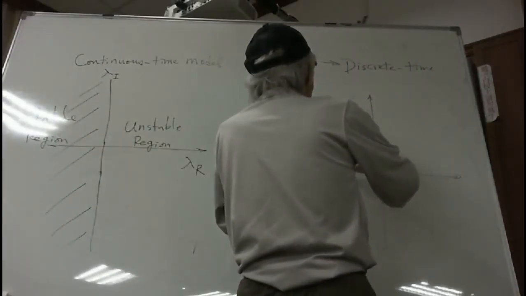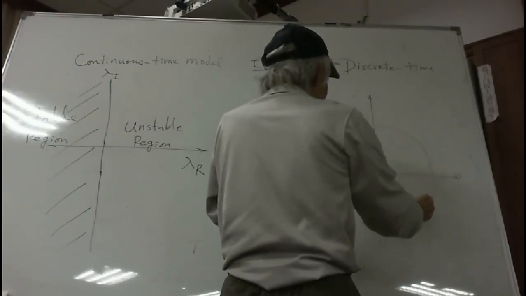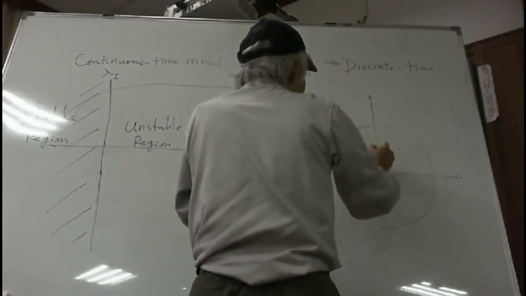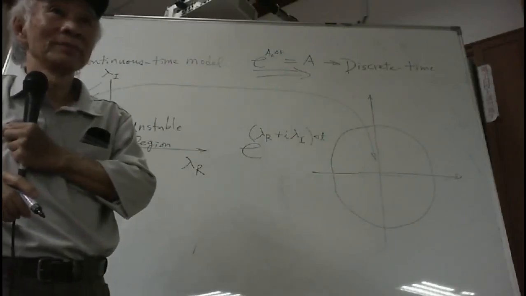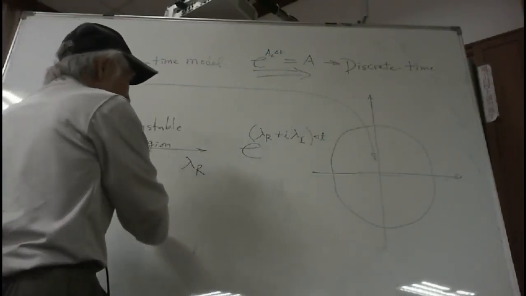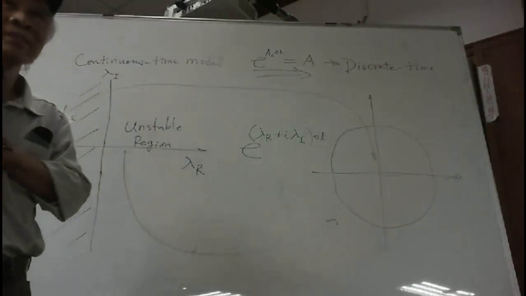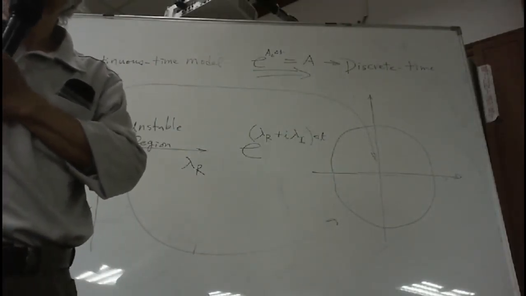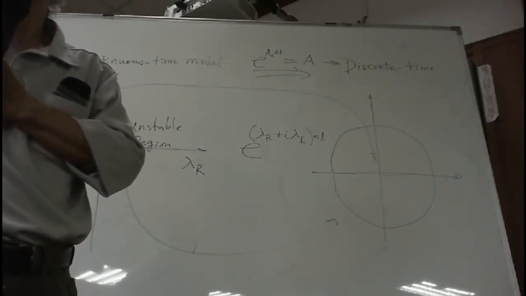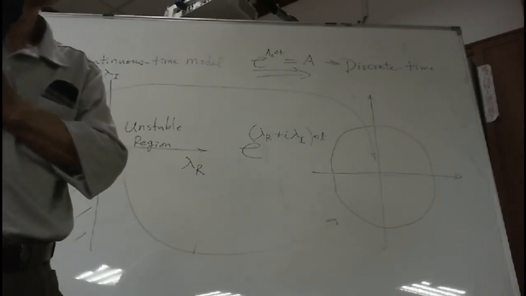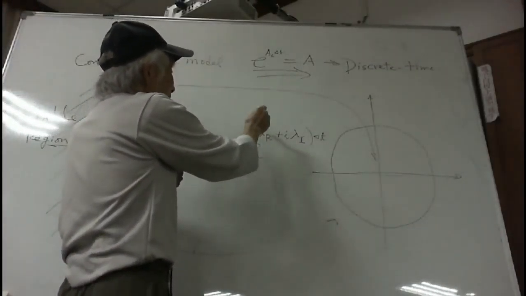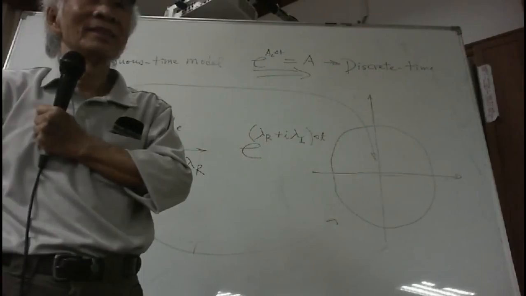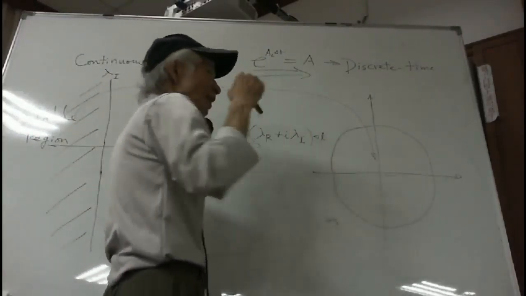So that means all the stable region we map inside the unit circle, and all the unstable region outside the unit circle. Understand? Exponential, if this is a positive value, has to be larger than 1, and if this is negative, has to be less than 1.